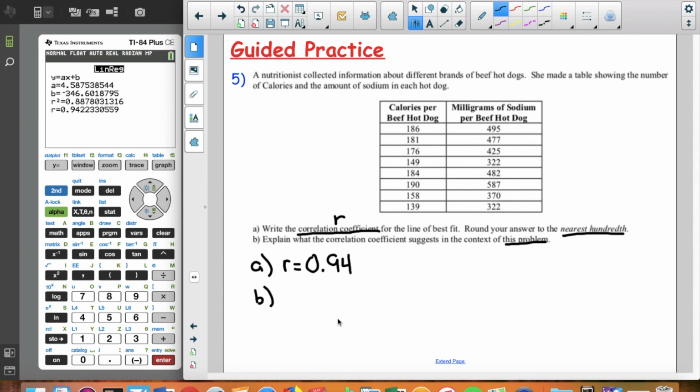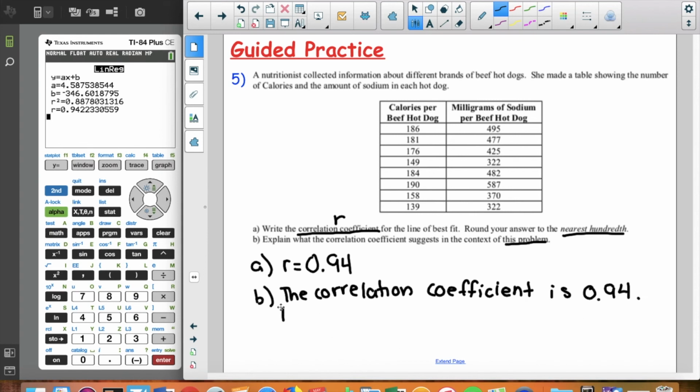Now part B says, explain what the correlation coefficient suggests in the context of this problem. What you should always do for these types of problems is first say, is it strong, is it weak, is it positive, or is it negative? So we're going to start with that. The correlation coefficient is 0.94.